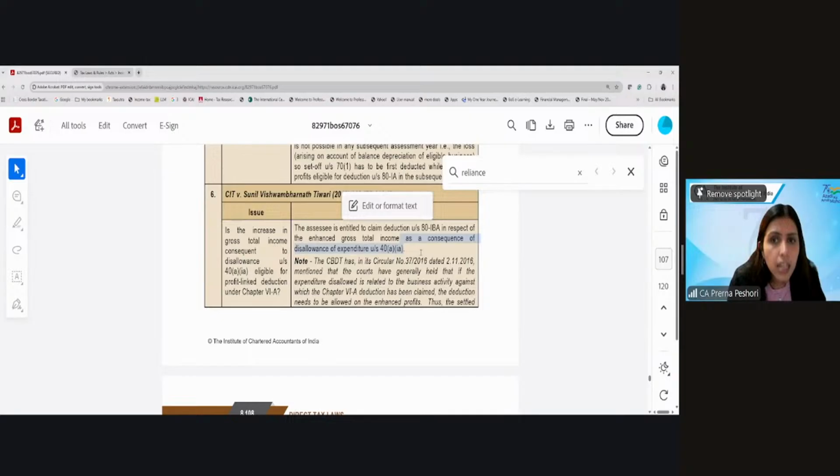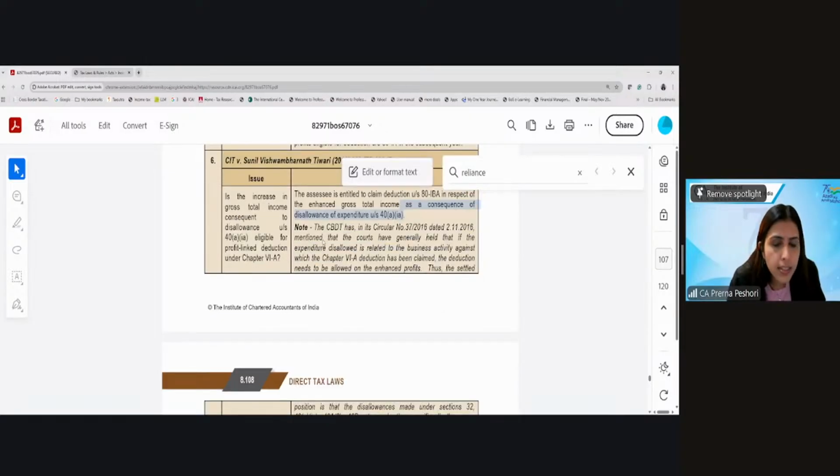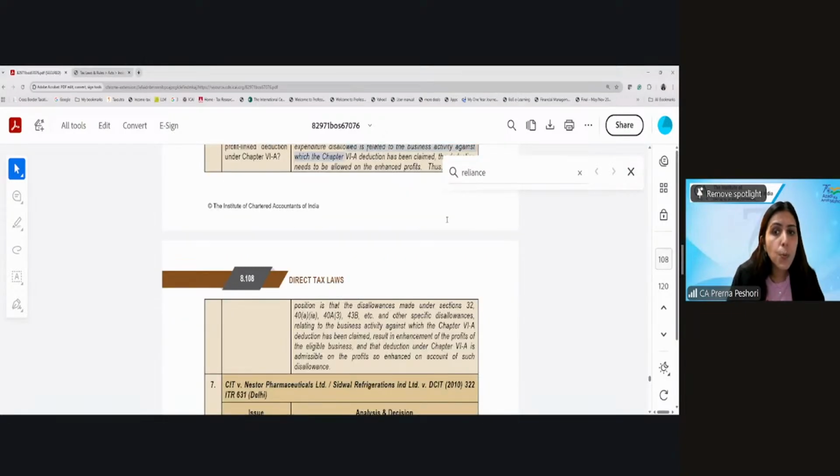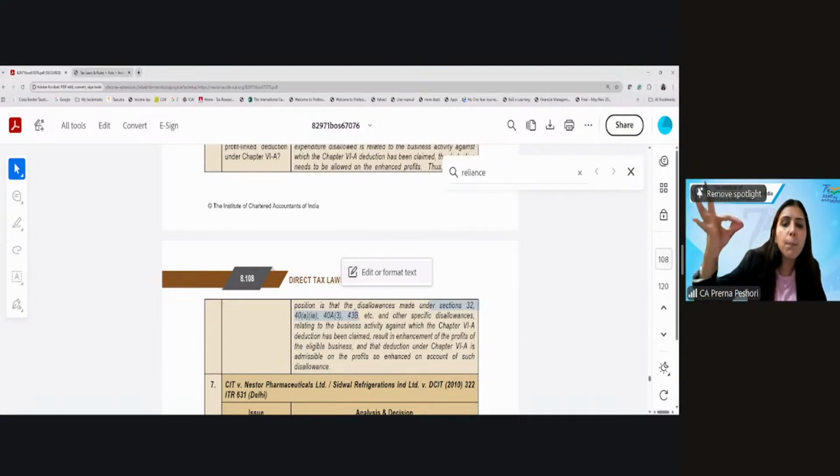So the CBDT, through its circular of 2016, mentioned that if the expenditure is disallowed in relation to this business activity, the Chapter VIA deduction will be allowed if the disallowances are made under 32, 40A(1)(a), 40A(3), 43B, and any other specific disallowances relating to the business activity because of which there is enhancement of the profits of the eligible business.